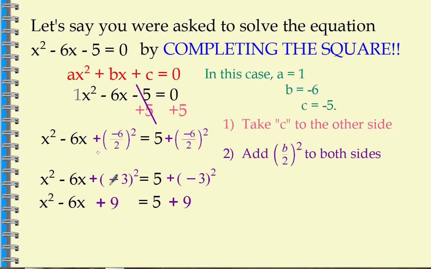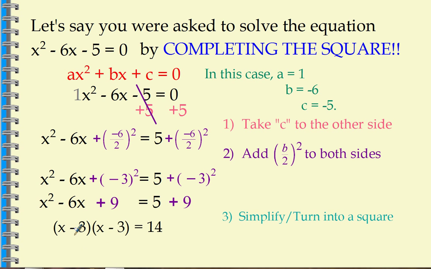The reason it's called completing the square is because then I can factor the left-hand side and look what the factors are. If I factor that, I get identical factors, and that's exactly what we're looking for. X minus 3 times x minus 3, when I square that, or turn it into a square, means x minus 3 quantity squared, x minus 3 times itself.